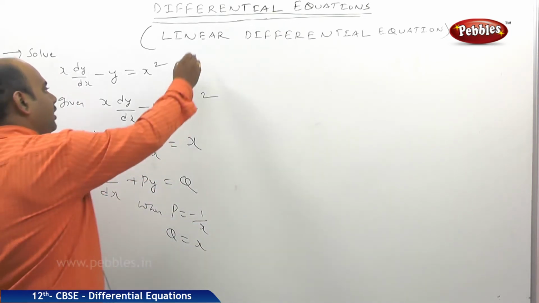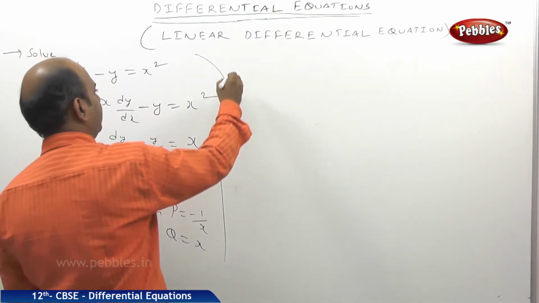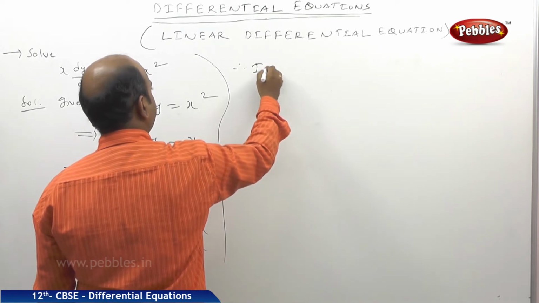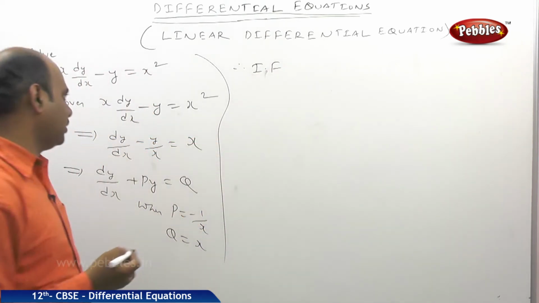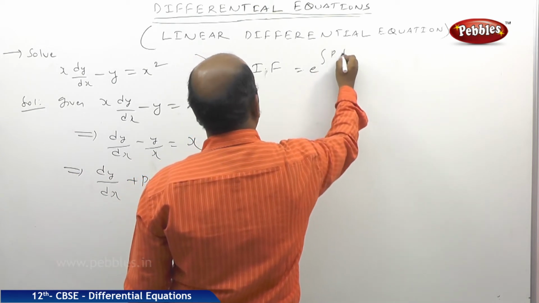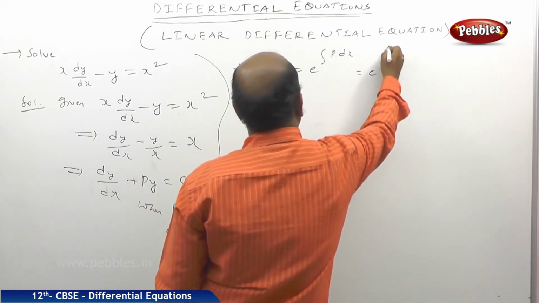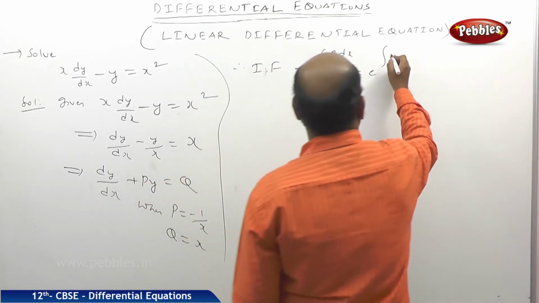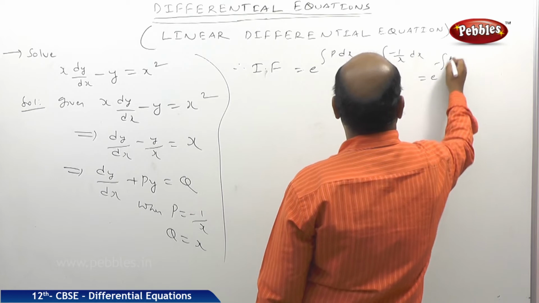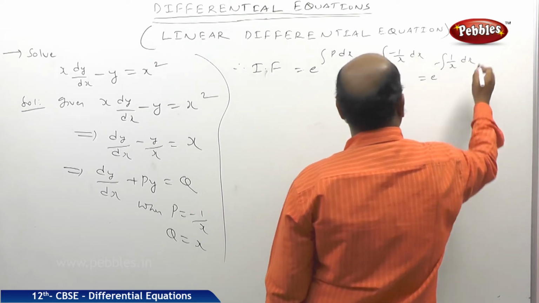So later what I need to do? I need to find integrating factor. Integrating factor is generally denoted by what? I.F., and it is given by the formula e power integral of p dx. So e power integral of p means what here? Minus 1 by x dx. So minus outside means 1 by x dx.